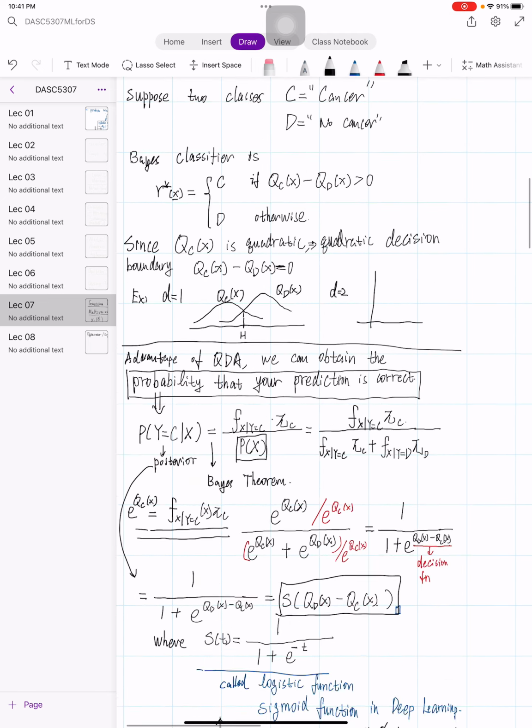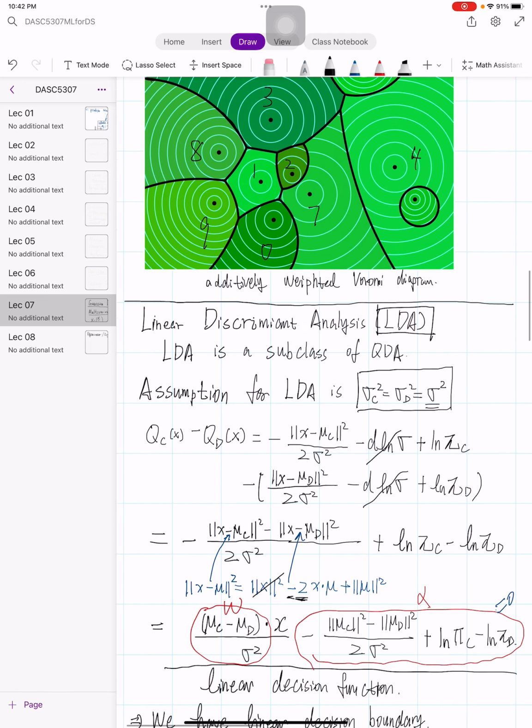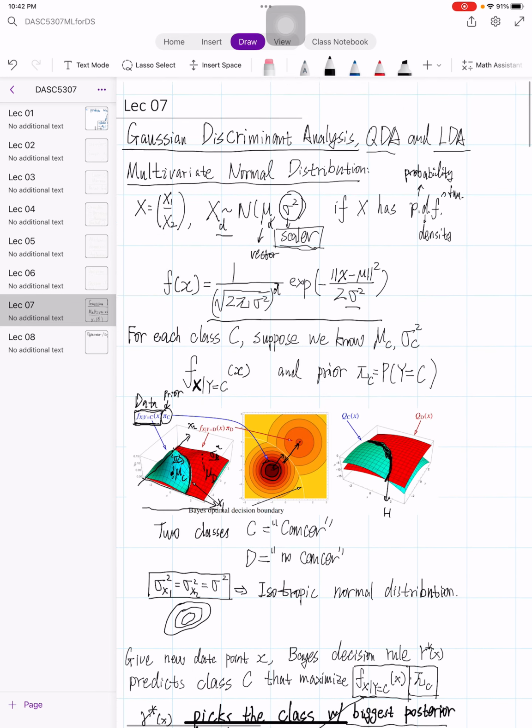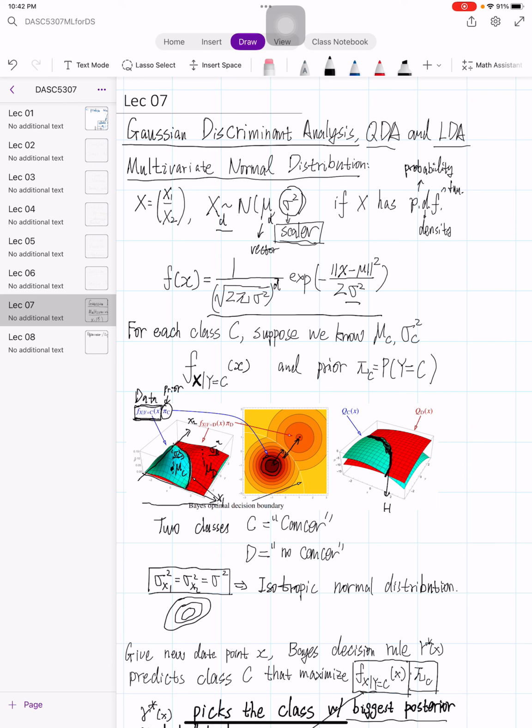Also for the linear discriminant analysis, we require that among the different classes, the variance parameters are the same. So those are quite a special case for the general normal distribution.